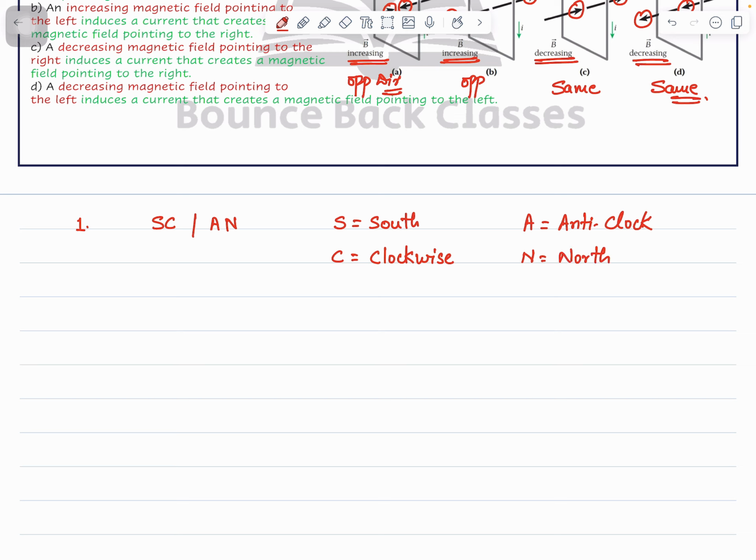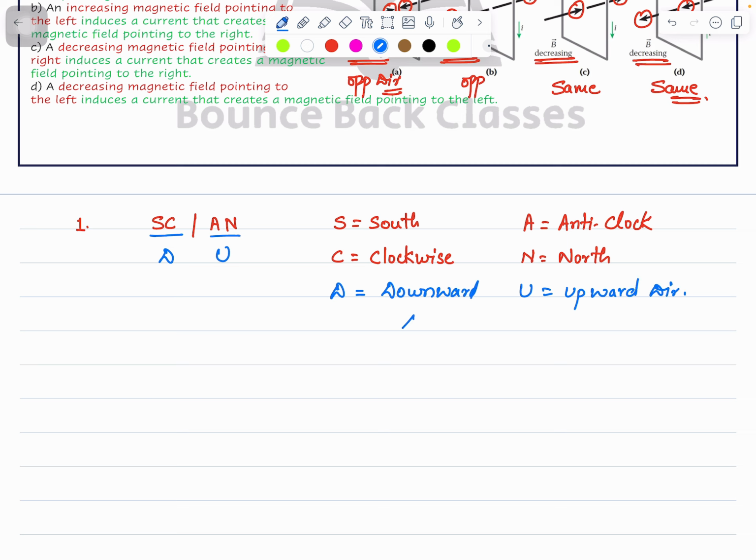Now I'm going to add something for the next level, that is called DU. Here D is equal to down and U is equal to upward direction. You need to understand the downward direction.